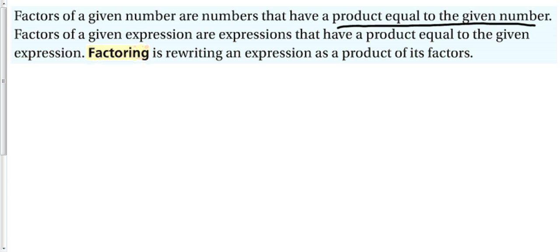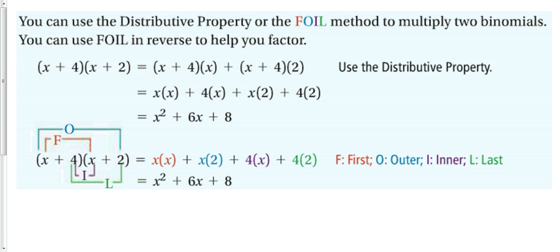Okay, and that's what factoring is, separating it into its different parts. Okay, so when we multiply binomials together, we use two methods, either the distributive property or the FOIL method to multiply two binomials. Most of the time, I'm going to talk about the FOIL method. Okay, and when we factor, we're going to use FOIL in reverse to help us.